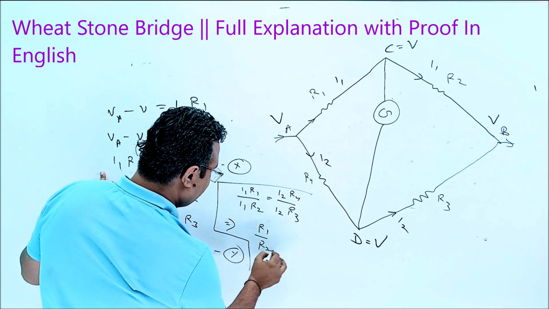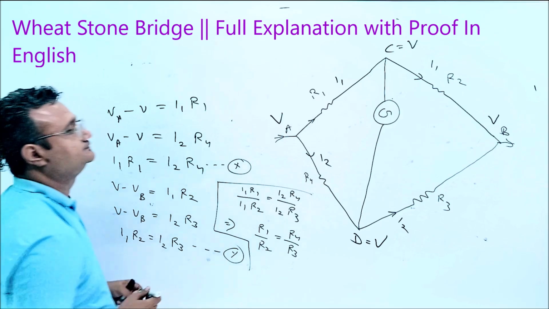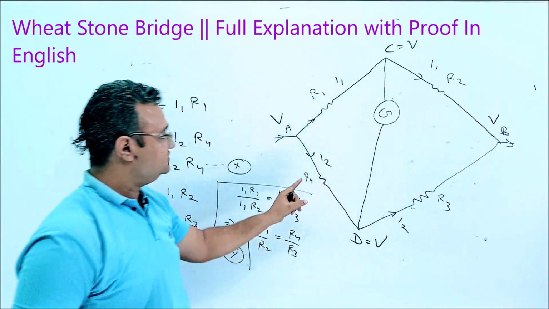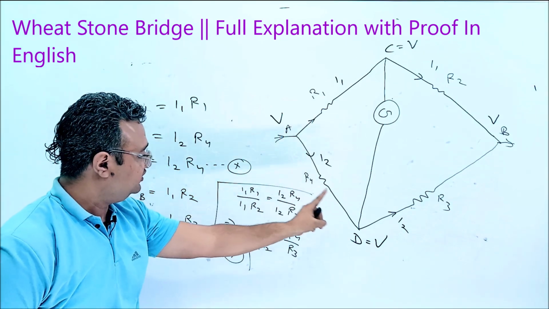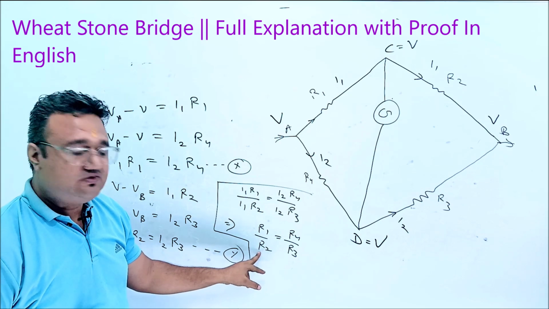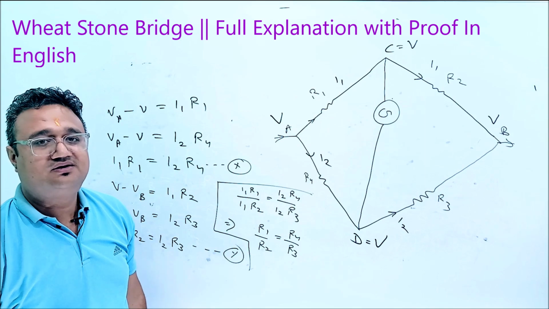So R1 upon R2 equals R4 upon R3. The ratio of R1 upon R2 is equal to the ratio of R4 upon R3. We can also interchange it: R1 upon R4 is equal to R2 upon R3.